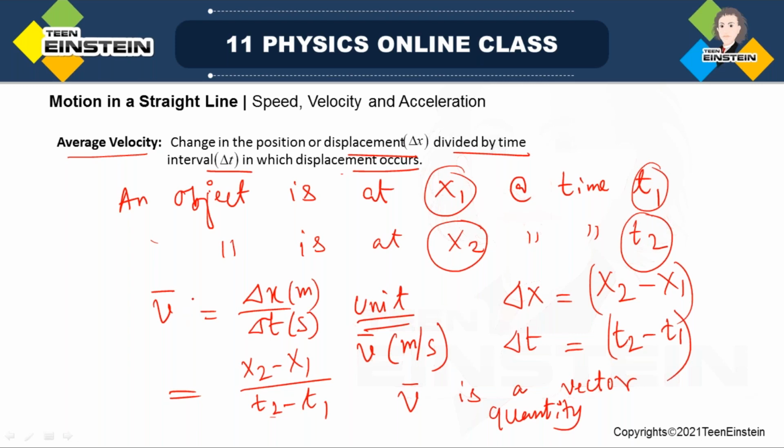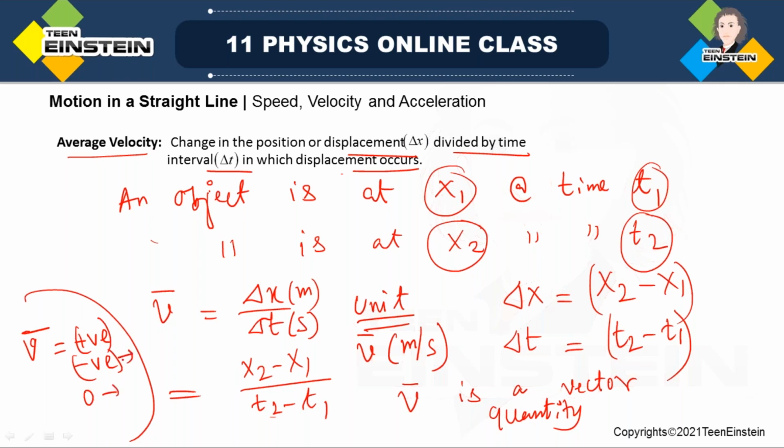So that means average velocity has both the magnitude and direction. And since it is a vector quantity, average velocity v average can be either a positive quantity or a negative quantity, and even sometimes it can be zero also.